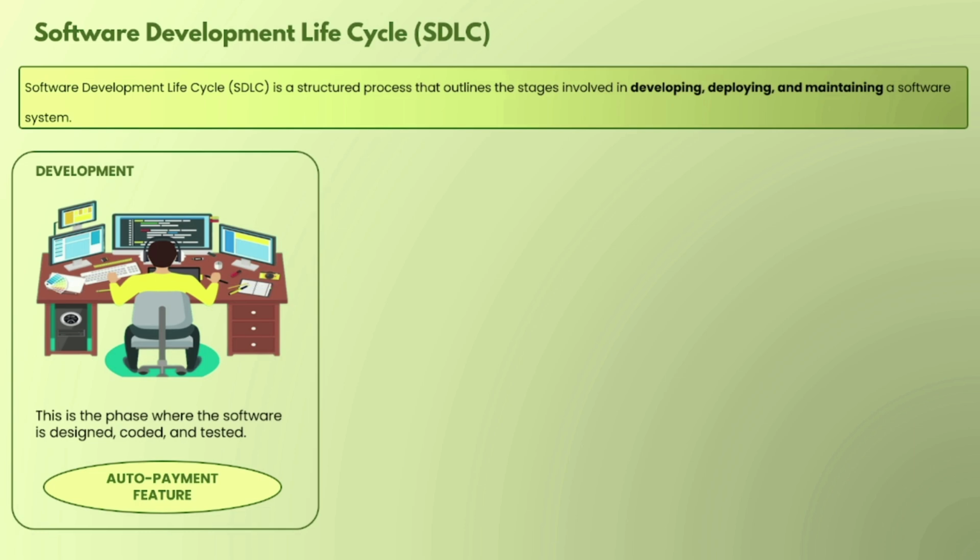I am repeating the example because I want to relate everything throughout this series to our loan management system, and with the example we will build it brick by brick. On that basis, our auto payment feature is developed by the developer and tested by QA in phase 1, that is development.